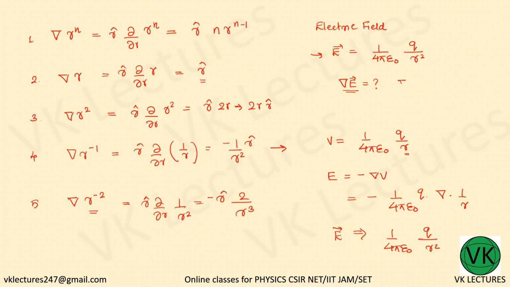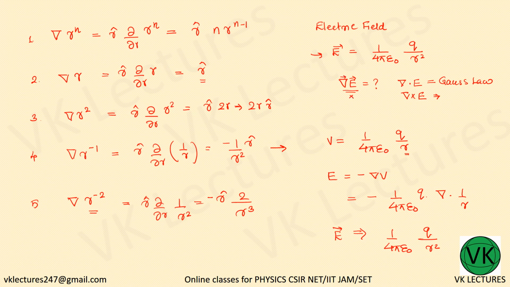Either we have to find del dot E, which is equal to the Gauss law in divergence form, or del cross E. These are the two things that we can find. We cannot find del E because E is an electric field. So this is not possible.